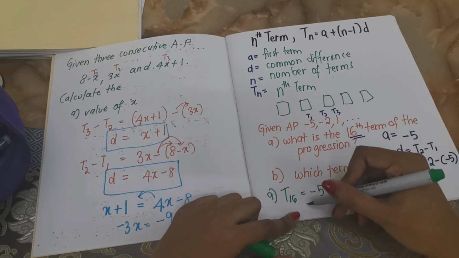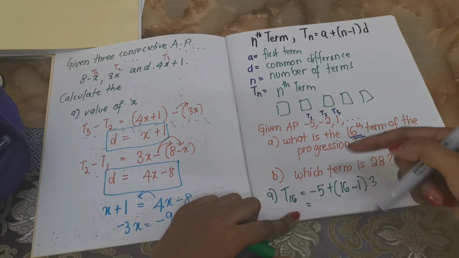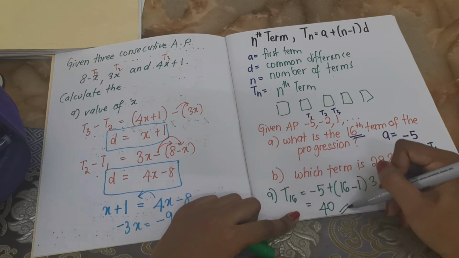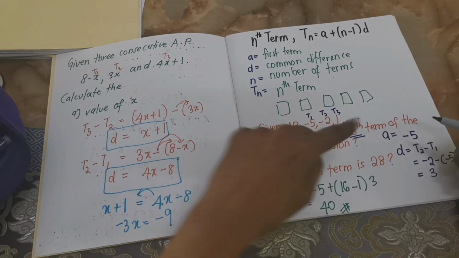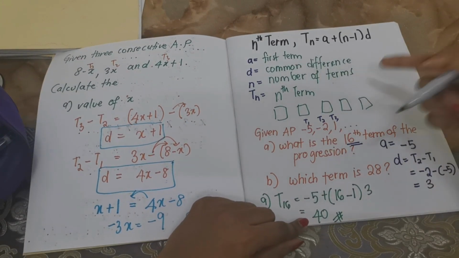Solving this, here we obtain 15 times 3, then -5 plus the answer, we get 40. So the 16th term will be 40. This is how we find it using the formula.